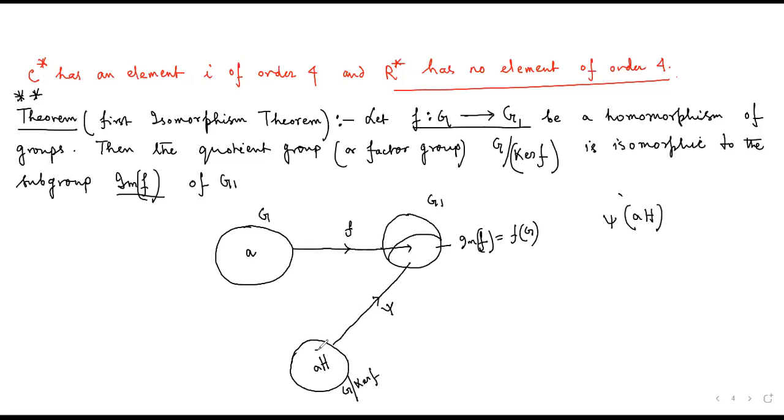what is aH? This aH is a set, definitely, but we consider this set to be an element of this quotient group, because you know the quotient group's elements are always cosets. So if I consider an element from this quotient group, psi of it will always be equal to the image of the element with respect to the function.